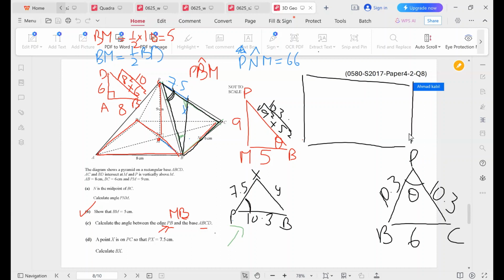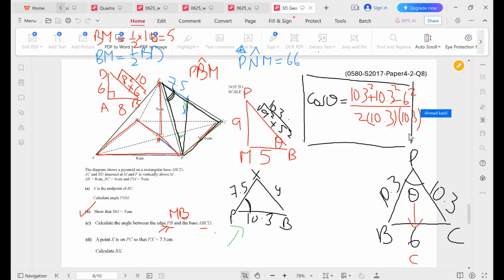So cosine theta is equal to, remember that when you're using the cosine rule, this is C. This is the side that is going to be negative because it's opposite to the angle we're looking for. So we have 10.3 squared plus 10.3 squared minus 6 squared over 2 times 10.3 times 10.3 again. Let's evaluate the numerator first.